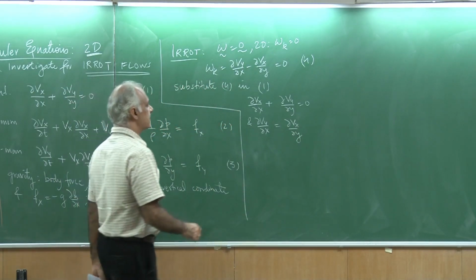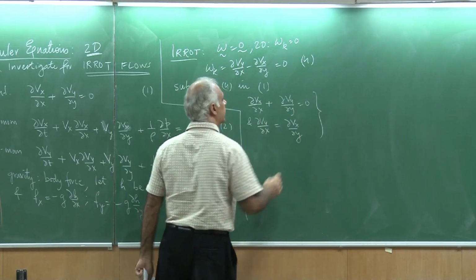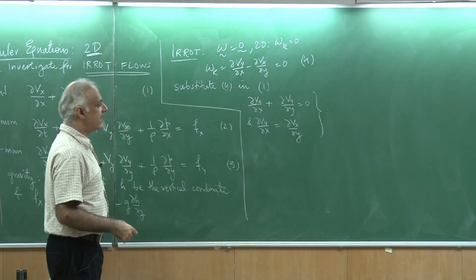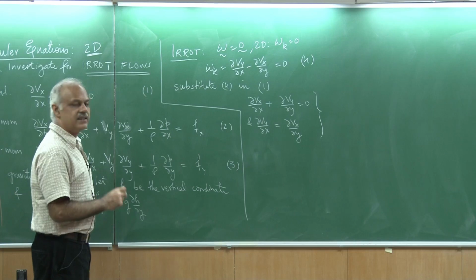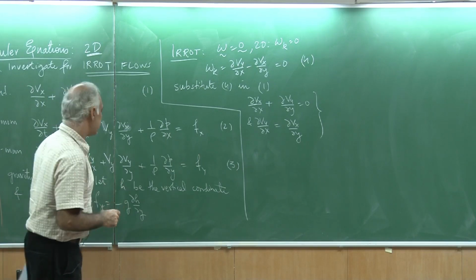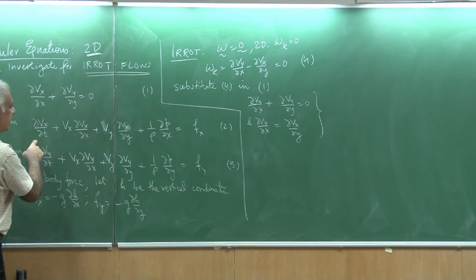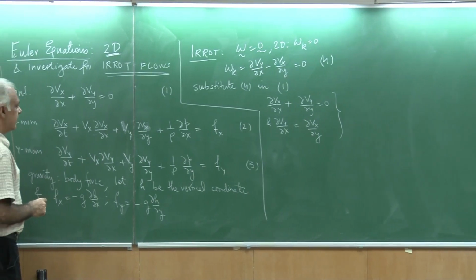Okay. So, that is what the continuity equation and the irrotationality condition give me. I will just leave it at that. Let us see what we can do with equation numbers 2 and 3.